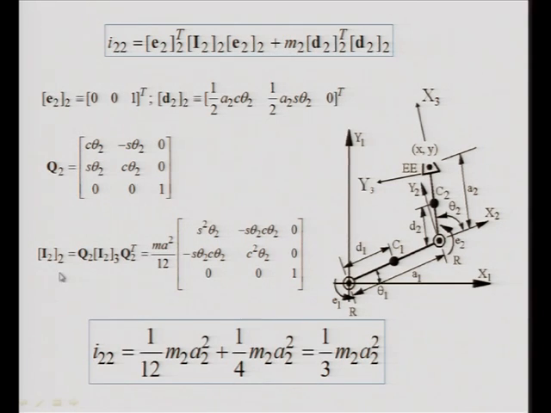So, you know this. Again, similar to the single link case, we transform the representation of the I2 inertia tensor of the second body, which is represented in the fixed frame, which is frame 3. Now, I convert it into frame 2. So, that will have that representation, and I22 can finally be calculated as 1/3 m2 a2², because the moment of inertia is available as it is, since that is body fixed.